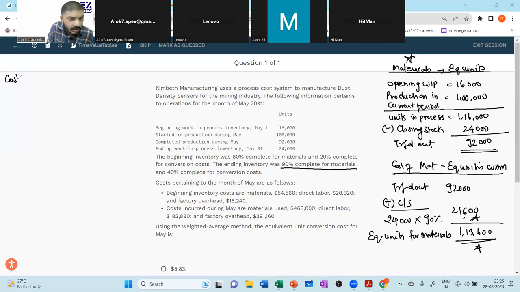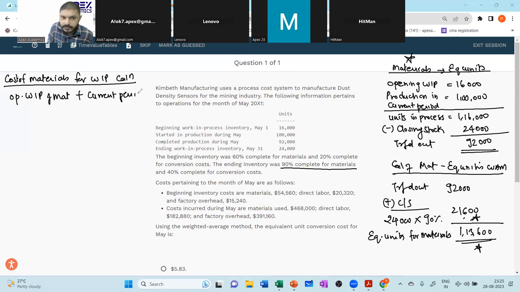Now, we are looking at cost of materials for the WIP calculations. You know that you are going to take opening WIP of material plus current period of materials, and this you are going to divide by equivalent units of materials, to get the cost per unit, CPU.